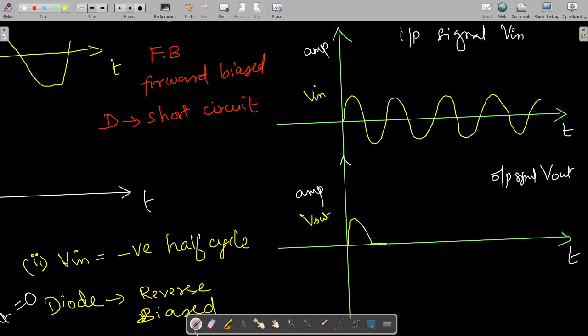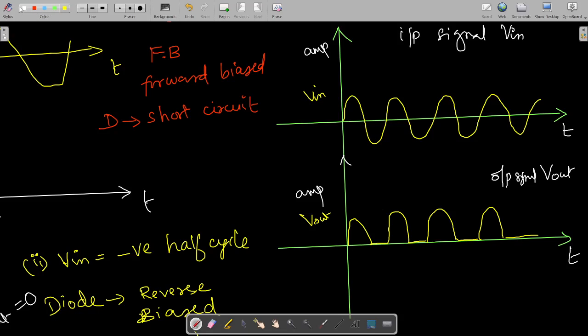Then no signal, then signal, then there is no signal. Signal will be present during the positive half cycle, and during the negative half cycle no signal. Like that it is continuously coming. So this is the output because of the presence of the diode.